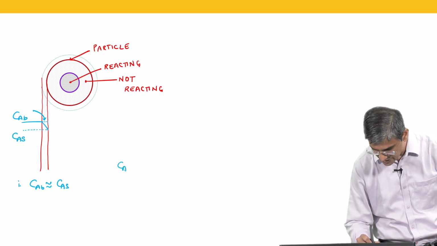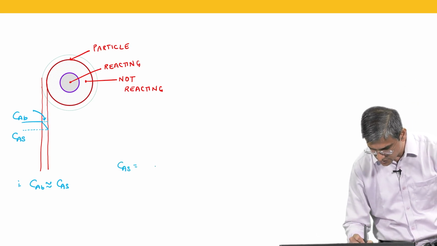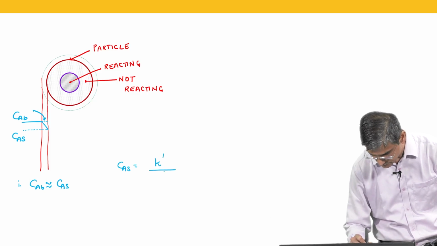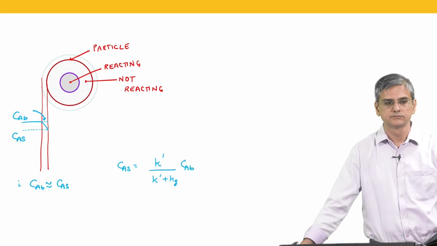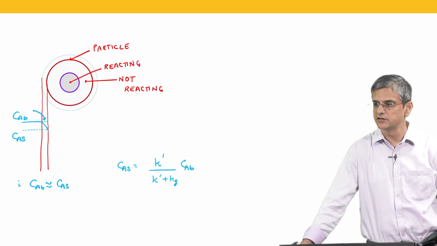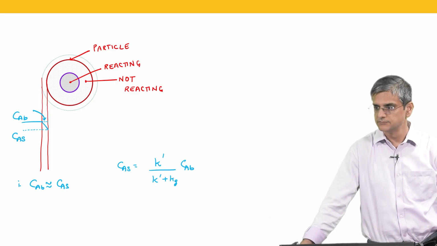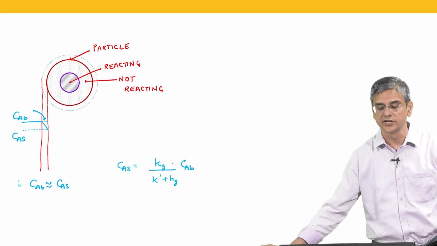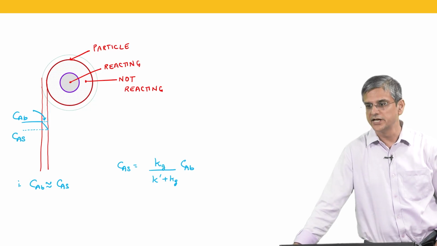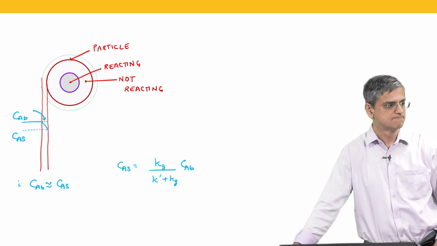Your CAS was equal to, for a first order reaction, kg divided by k' plus kg, remember?